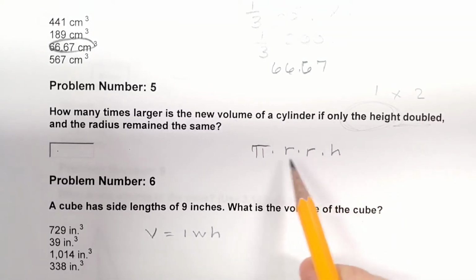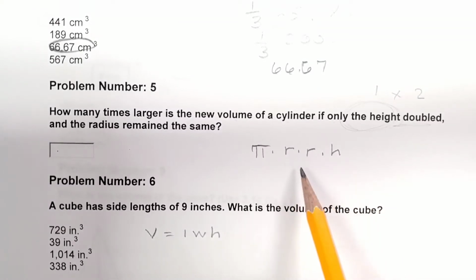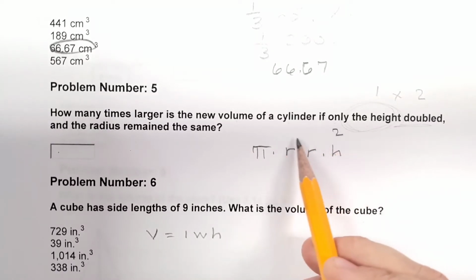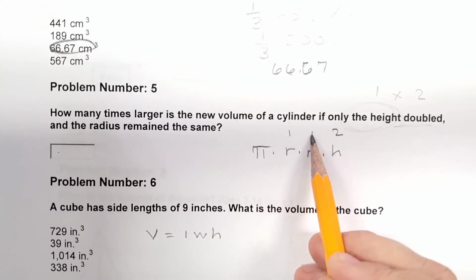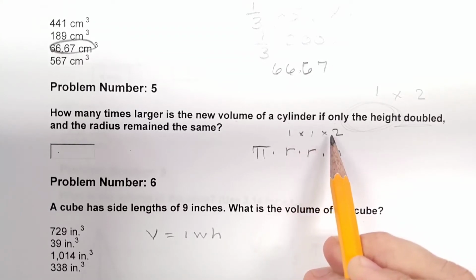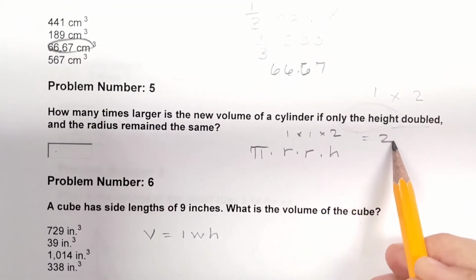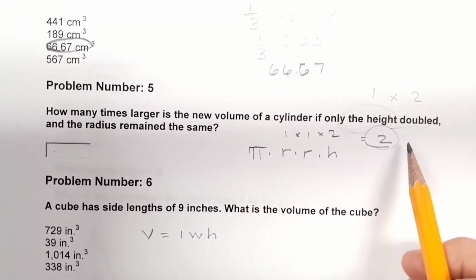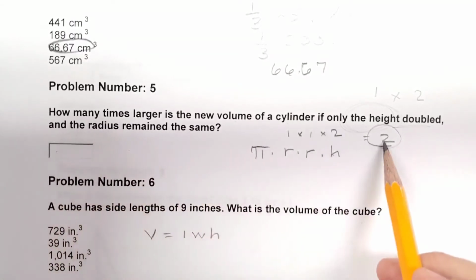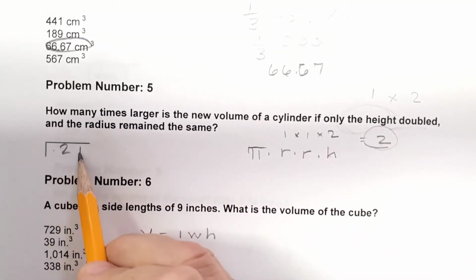Because that's what r squared means. You multiply r radius by itself. Only the height doubled. Nothing else doubled. So they stay the same. You just put a 1. 1 times 1 times 2 is 2. That means that the new volume just doubled, 2 times larger.